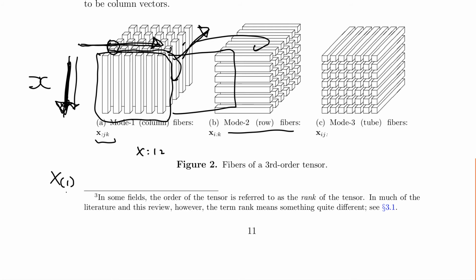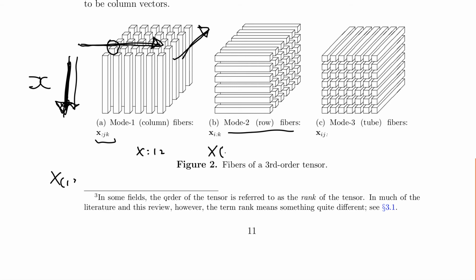Similarly, I can have a mode 2 matricization of this tensor. I will put all the mode 2 fibers again, starting from this first layer here. So I should rotate it by 90 degrees.